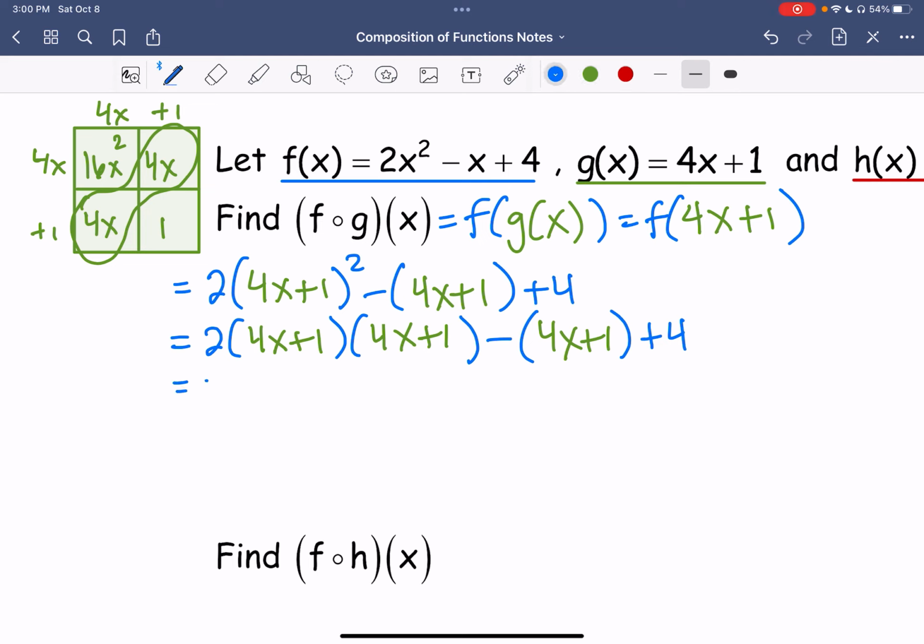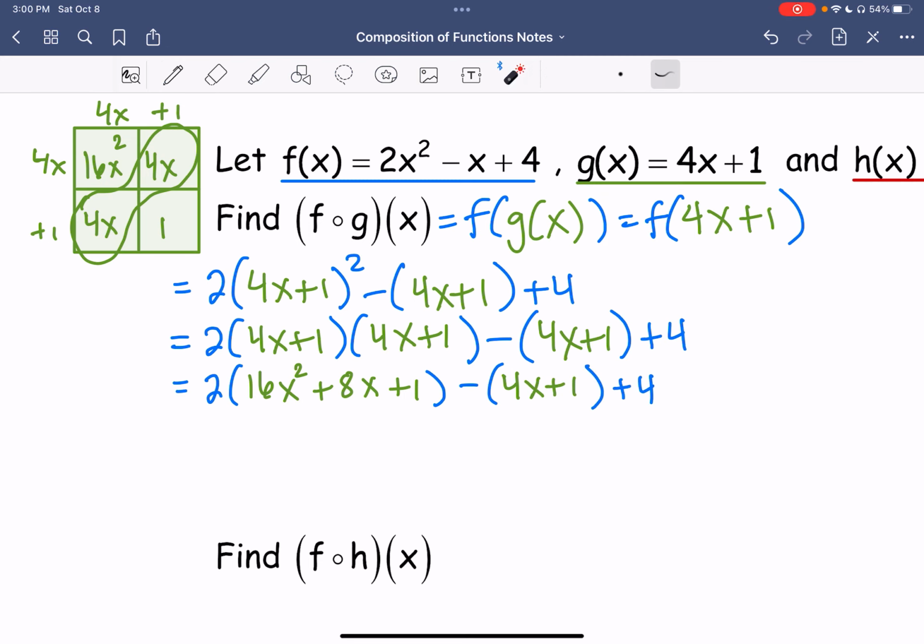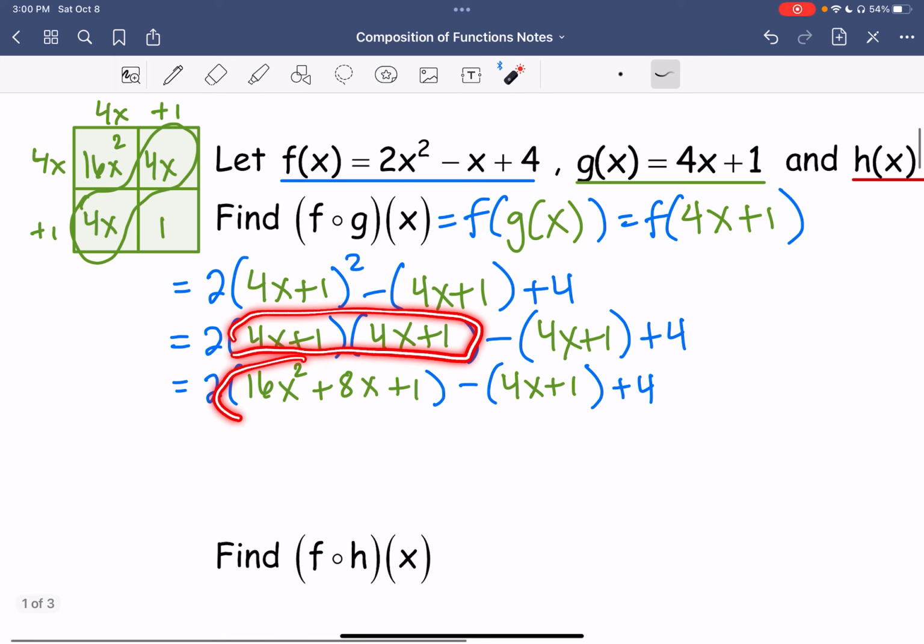So we're going to come back here and do 2 times 16x squared plus 8x plus 1, minus 4x plus 1, plus 4. All I've done is rewrite these two factors like this, but everything else I just brought down because we haven't touched it yet.